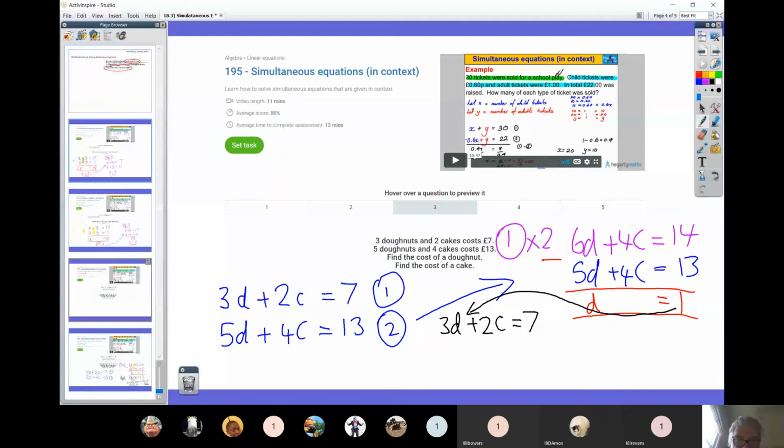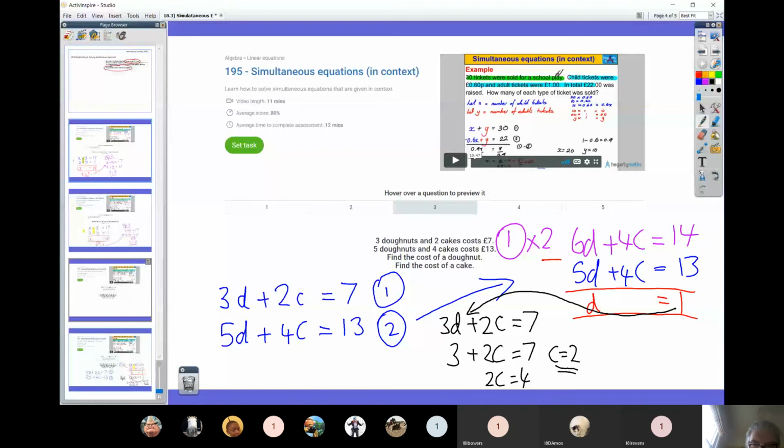So 3 lots of 1 are 3. So 3 plus 2 cakes equals 7. Take away 3 from both sides. I get 2C equaling 4. And then halving both sides, I get C equaling 2. So the cost of a cake is £2. The cost of a donut is £1.